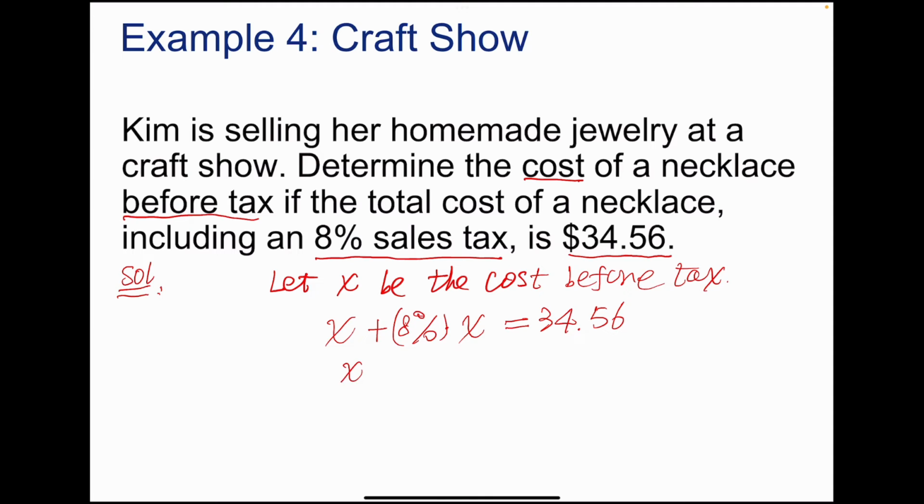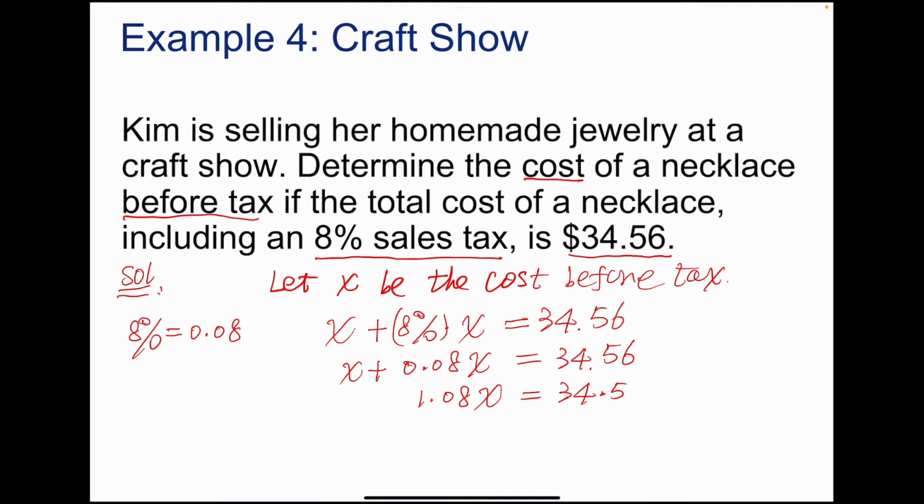Okay, now 8% again, we talked about this in the previous class. If we convert it to a decimal, it would be 0.08. So x plus 0.08x equals 34.56. Now combine like terms, and you get 1.08x equal to 34.56.